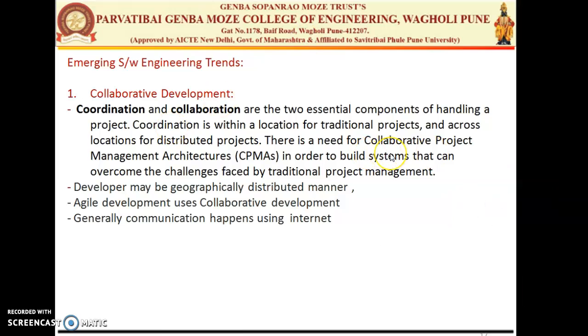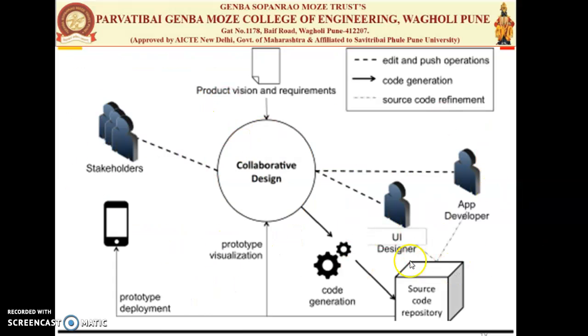So for the collaborative project, a management architecture is there for collaborative development. Let's see the diagram. You can easily understand by the diagram. If there are stakeholders, then we have collaborative design, and we have UI and app developers. These are the team members who actually work on the source code.